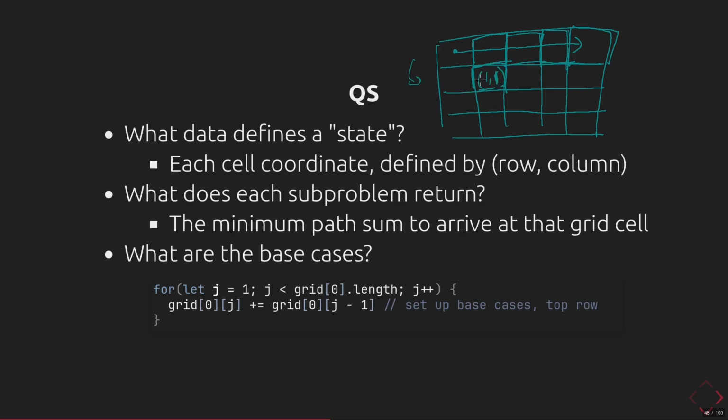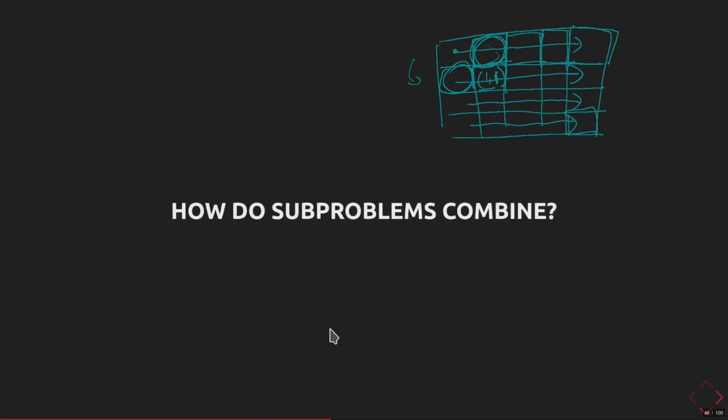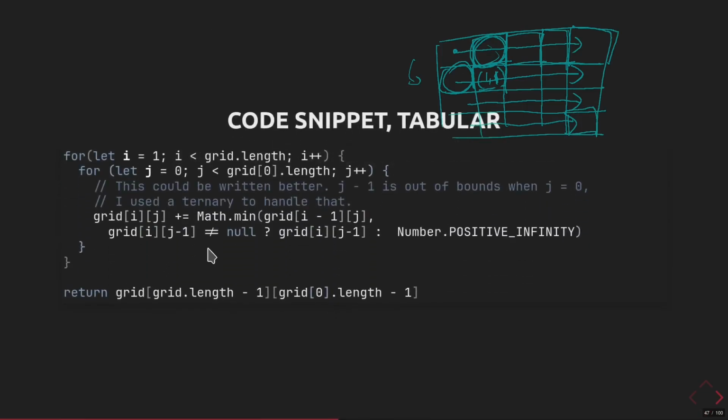So when we get to here, well, we've already computed this cell from above, and we've computed this cell from the left side. So as you go in row order and just iterate this way, you should be able to compute the entire solution at the end cell. So that's the base cases, and I think I just described to you how to combine those subproblems. And it basically looks like this.